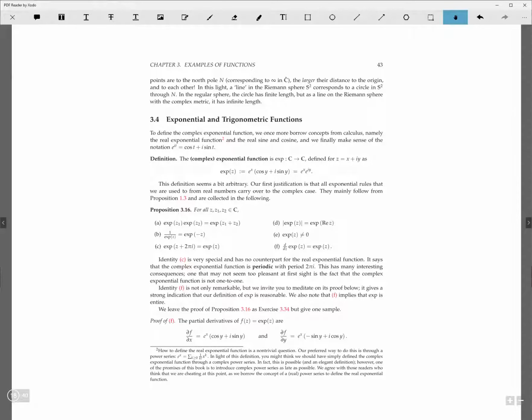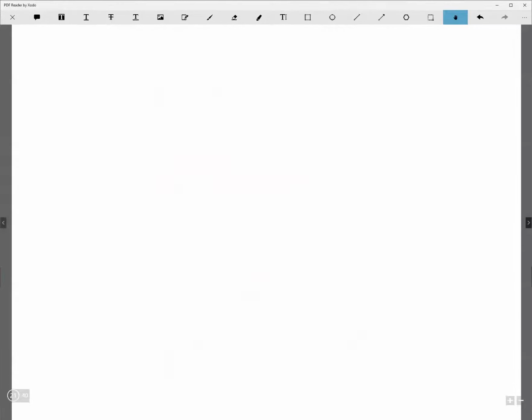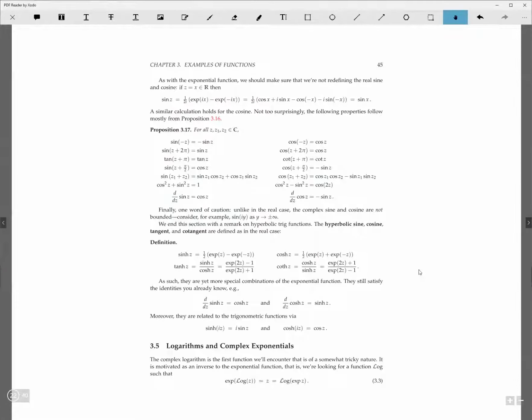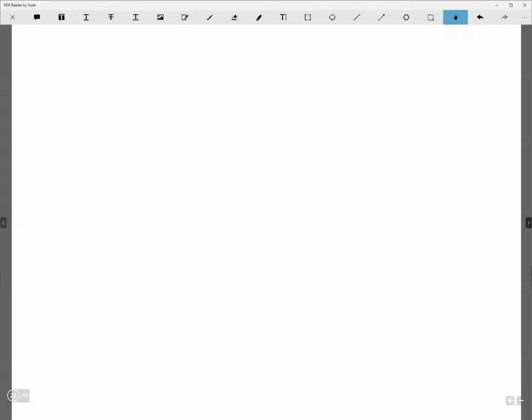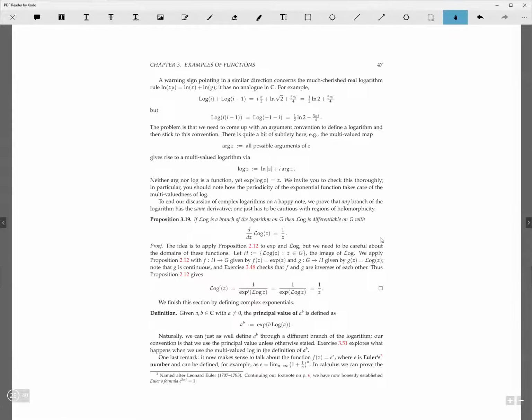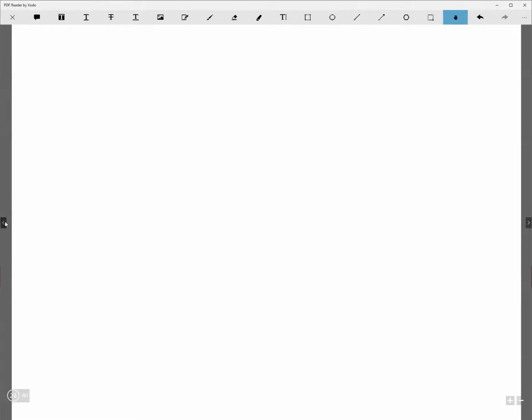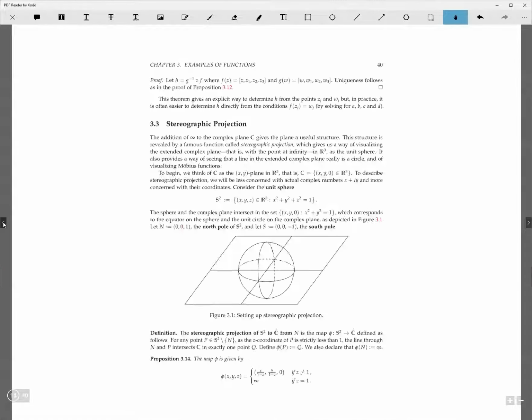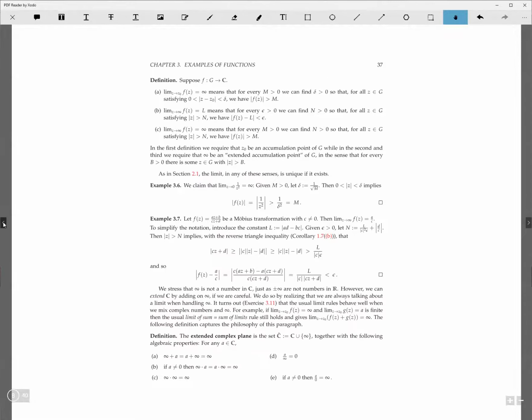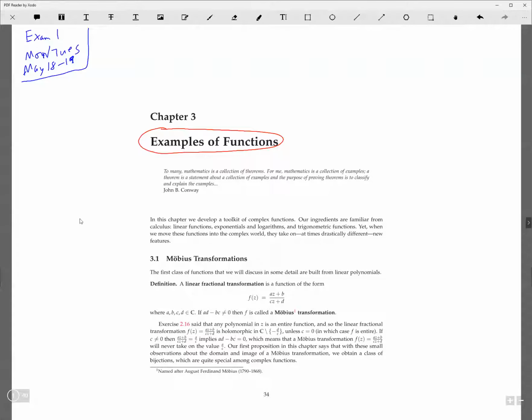So the exponential function is like e to the x extended to the complex plane, which would be e to the z, and then logarithms, the logarithmic function. Those are important examples in complex analysis for understanding what complex analysis is about.